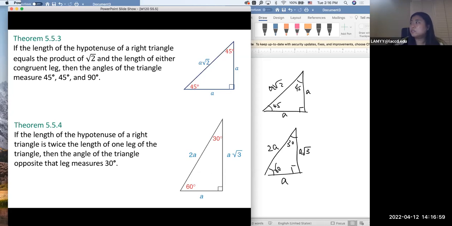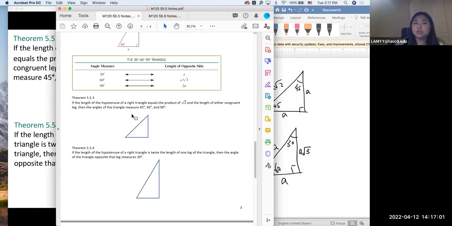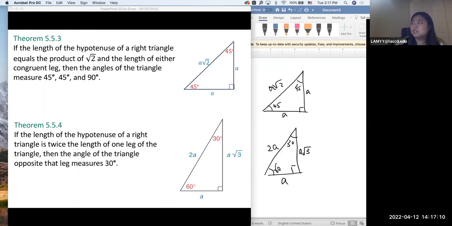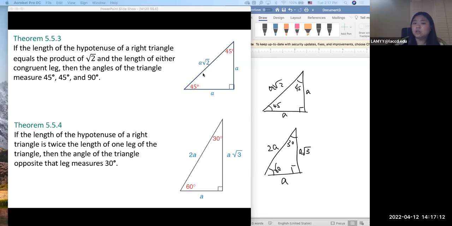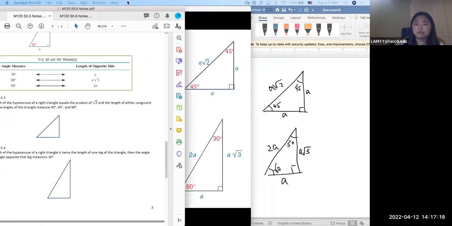Hey, your notes are missing the degrees here. I need you to write down all this information, the angles and the lengths of the sides of the triangle. Copy these two triangles into your notes. There's a missing part here, fill it in on your notes.